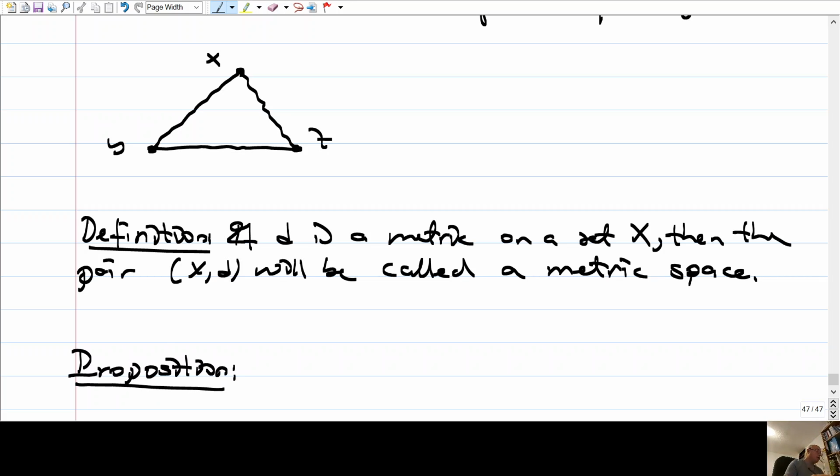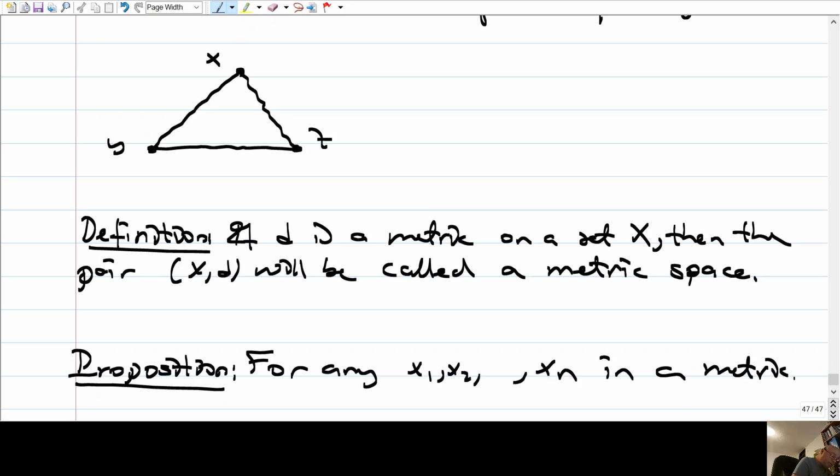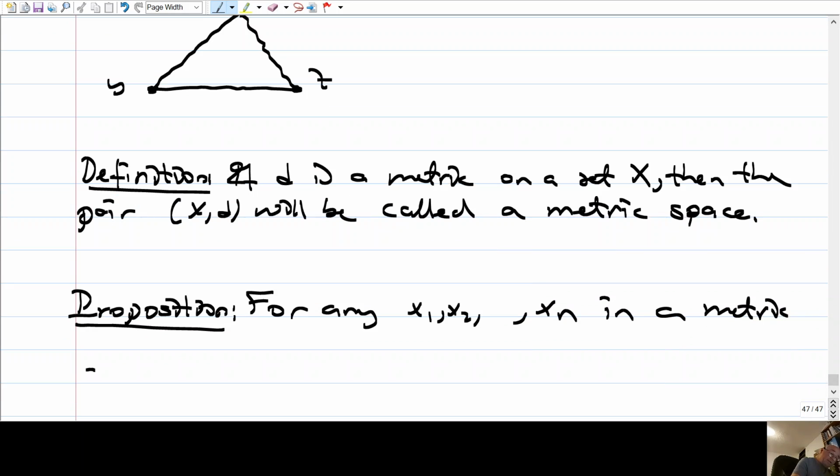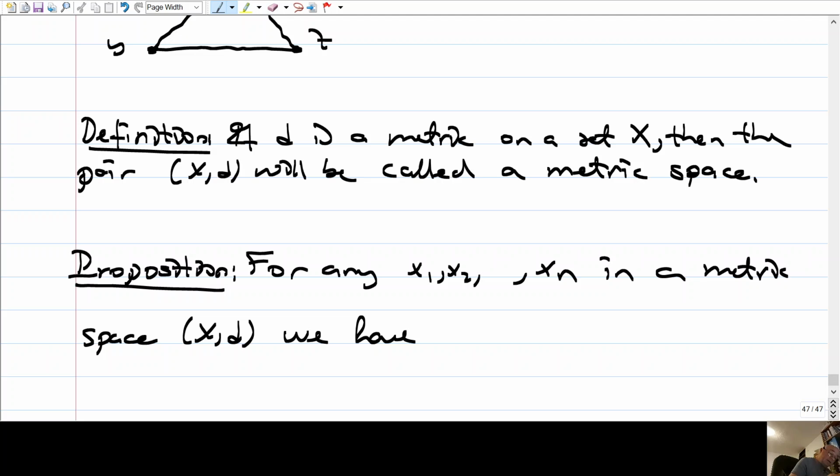This is the generalized triangle inequality: for any x1, x2, ..., xn in a metric space (X, d), we have the following.